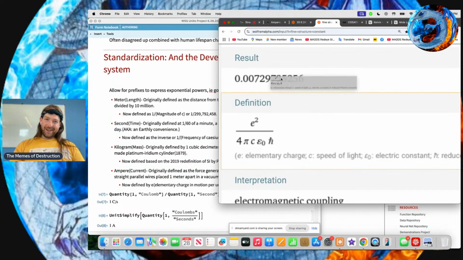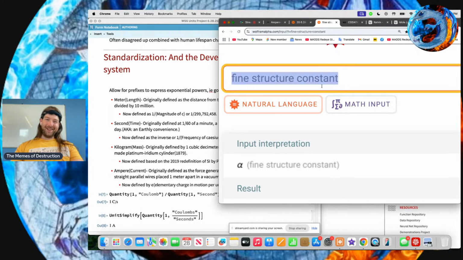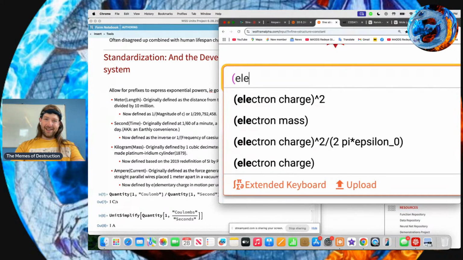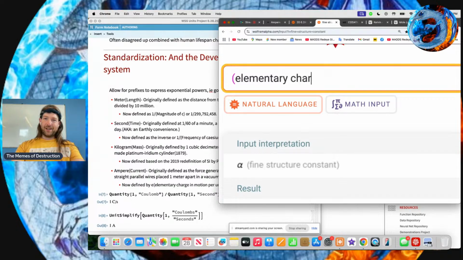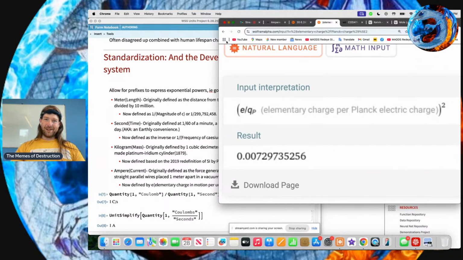Okay, this is a dimensionless number. If this is charge squared, that means this whole thing down here must be charge squared. Which charge is it? It's the Planck charge. So that means you can computationally reduce the fine structure constant to elementary charge, or the Planck charge, square the whole thing. Oh, look, you get the same number.